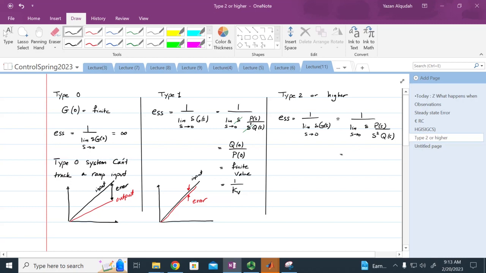S with s is going to cancel. We're going to still have s in the denominator of the denominator. So therefore, we're going to have 1 over infinity, which is going to equal to a 0.